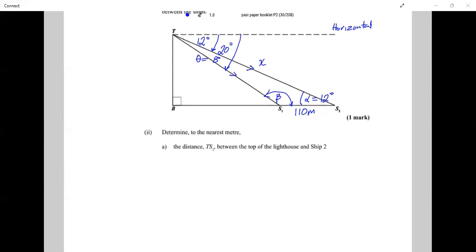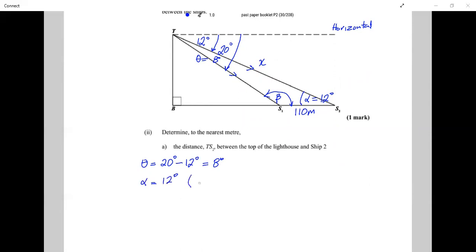I would say to the examiner that theta, now I'm the one who put in theta, is equal to 20 degrees minus 12 degrees is equal to 8 degrees. I would explain to the examiner that alpha is equal to 12 degrees.